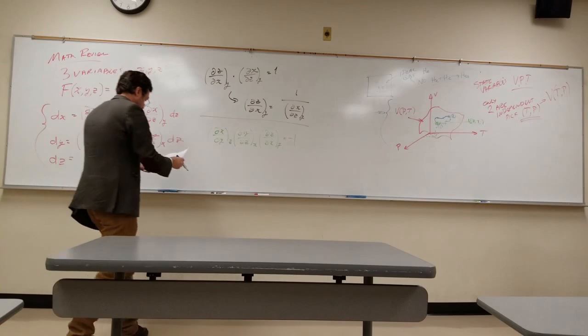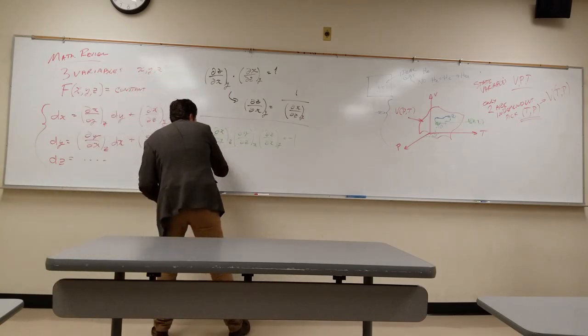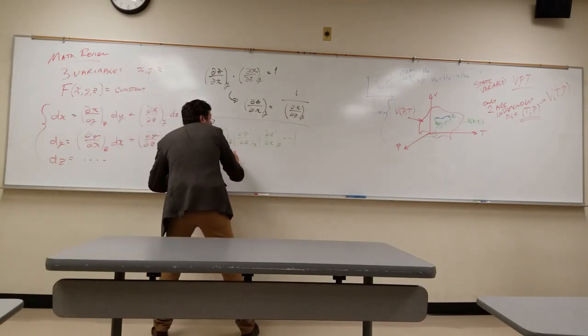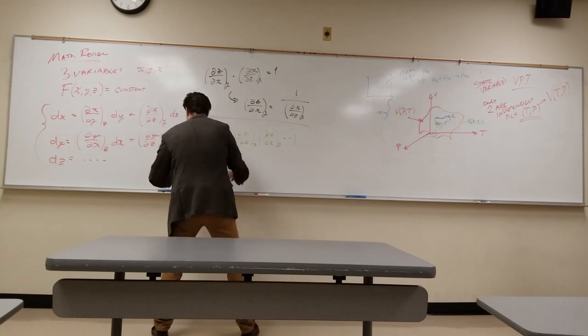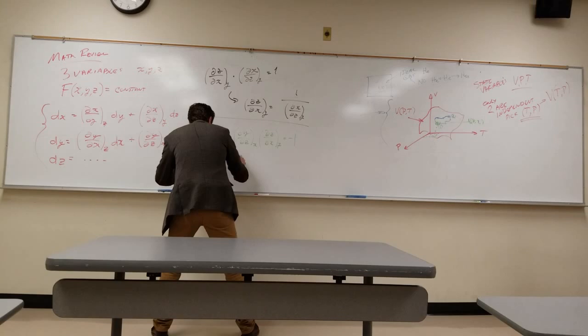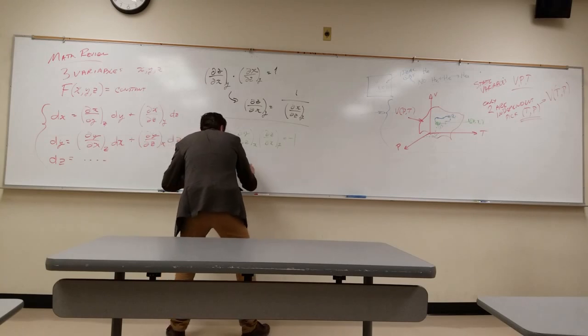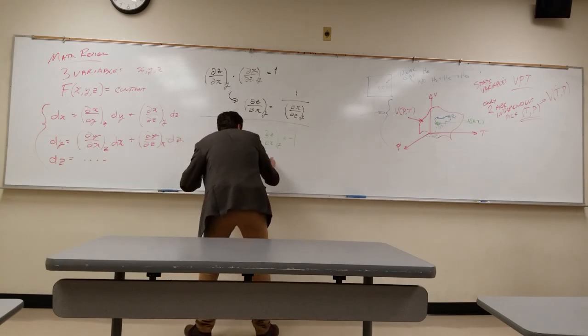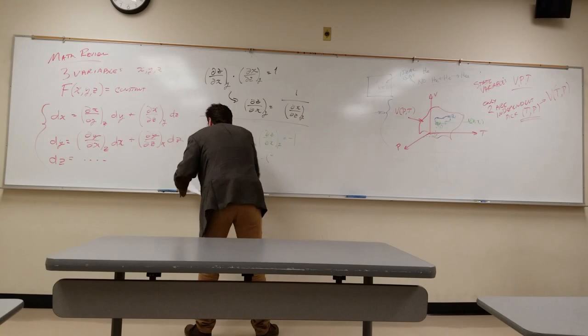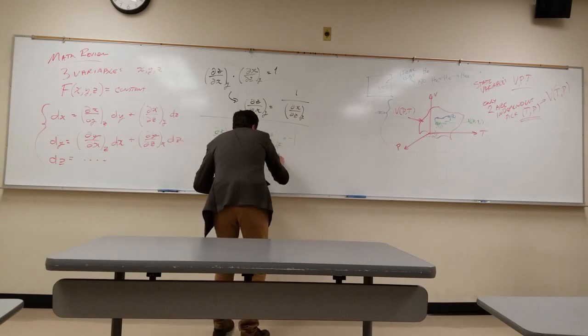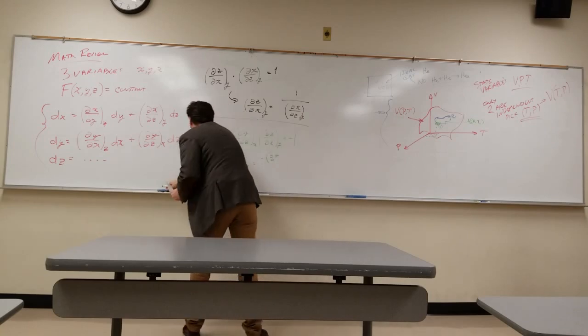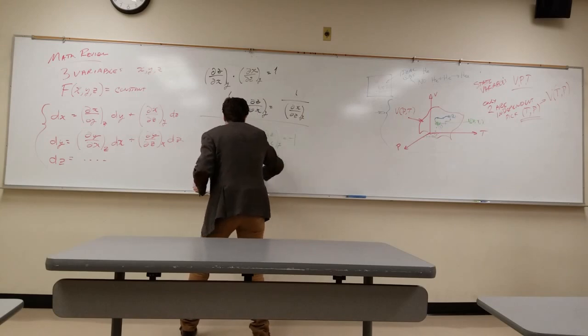And we can use this to give us things such as the partial of y with respect to x as a function of z is equal to negative... I'll move this up here.